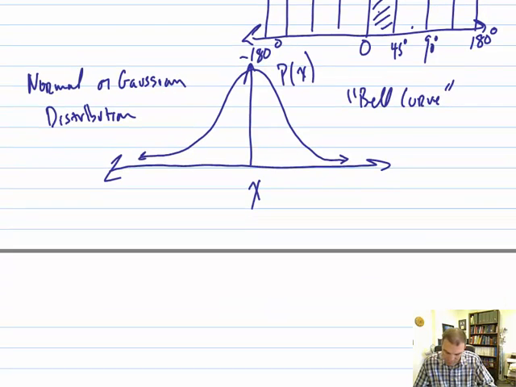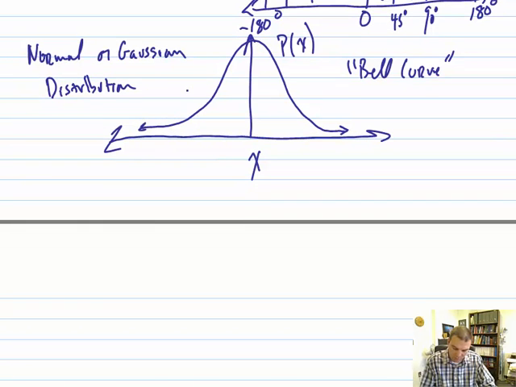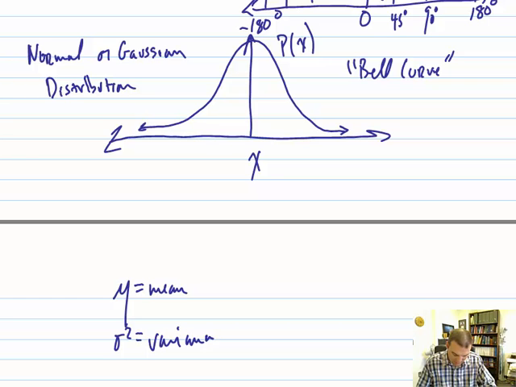Now the probability distribution function for this Gaussian distribution, or this normal distribution, follows this form. Mu is equal to the mean value of the data set. Sigma squared is equal to the variance of the data set. And sigma is equal to the standard deviation of the data set.